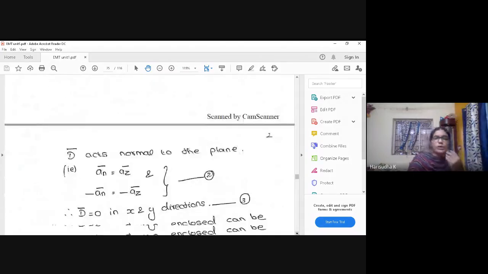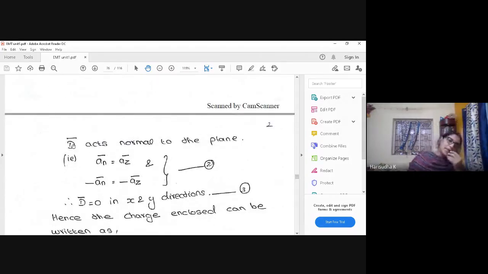Now, we know that capital D represents the electric flux density. As I said earlier, electric flux density and electric field intensity, capital E, are perpendicular to each other. So capital D, the electric flux density, acts normal to the plane. Along the positive z axis, we call it the positive normalized unit vector, and along the negative z axis, the negative normalized unit vector.